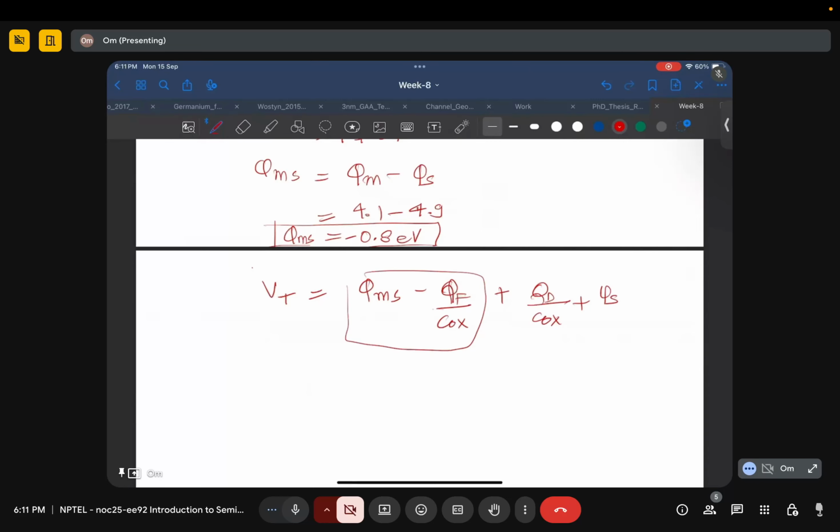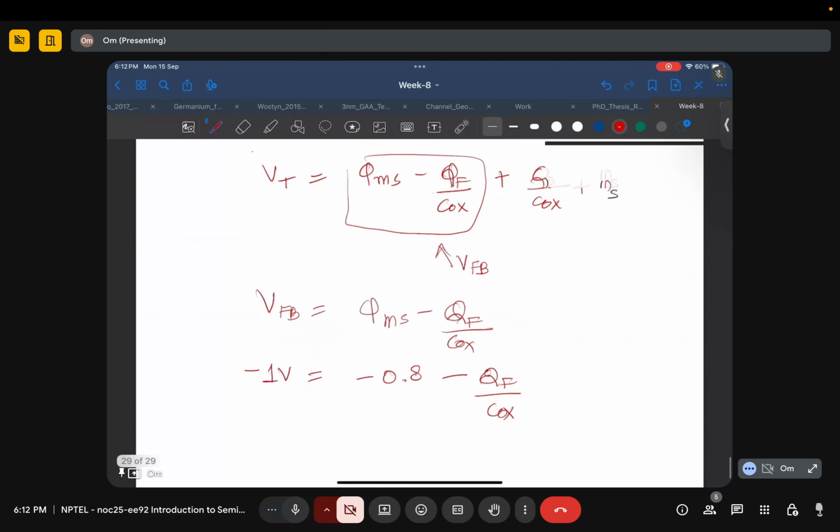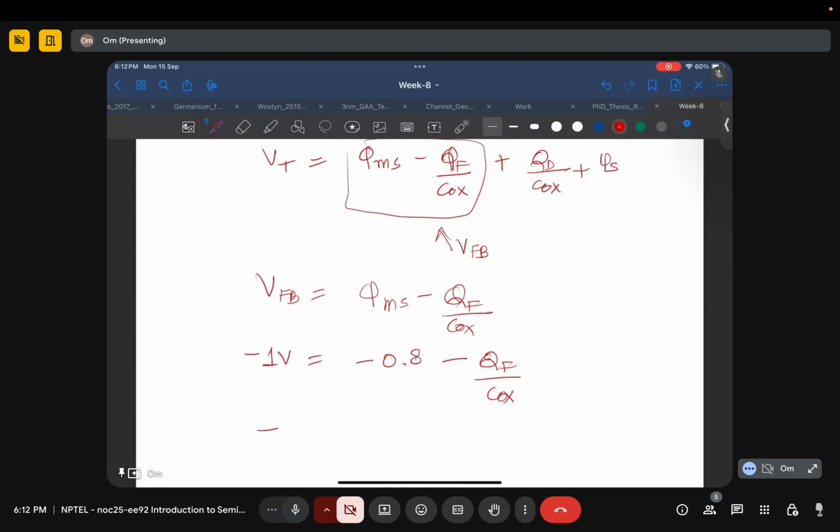This part is VFB. So VFB, the flat band voltage, is phi ms minus QF by Cox. So the flat band voltage is given as minus 1 volt, which is minus 0.8, as we just calculated, minus QF by Cox. So minus 0.2 is minus QF by Cox.